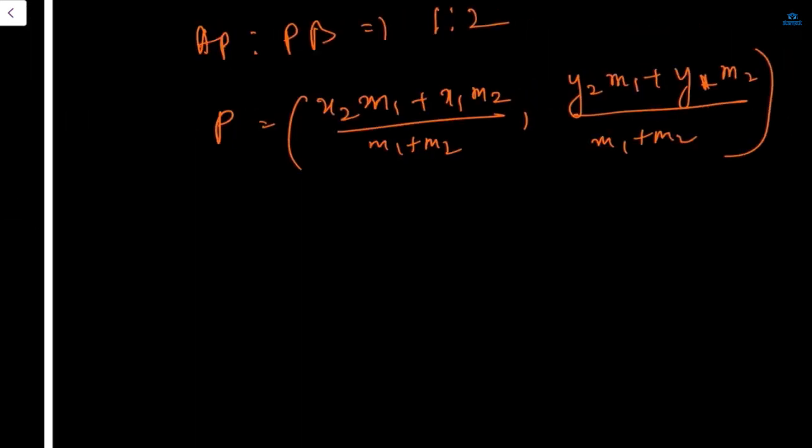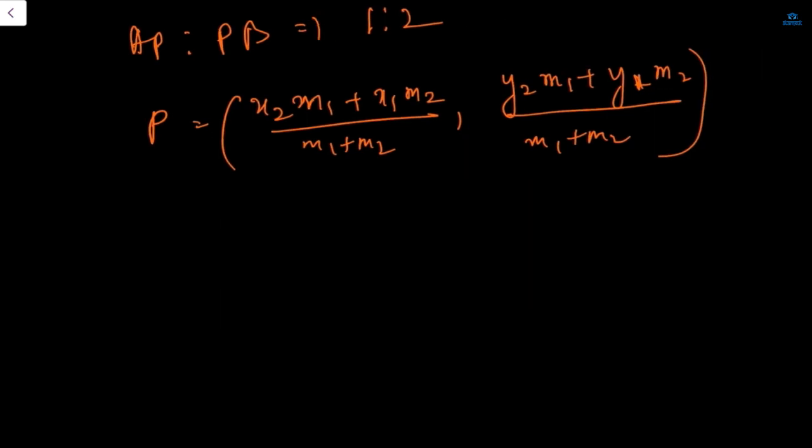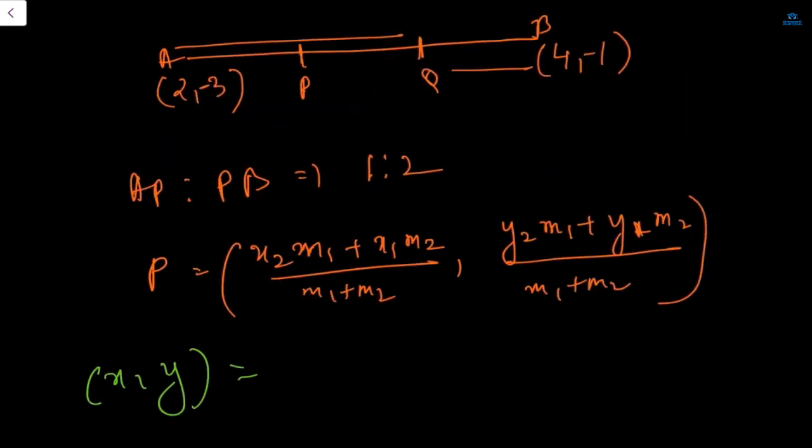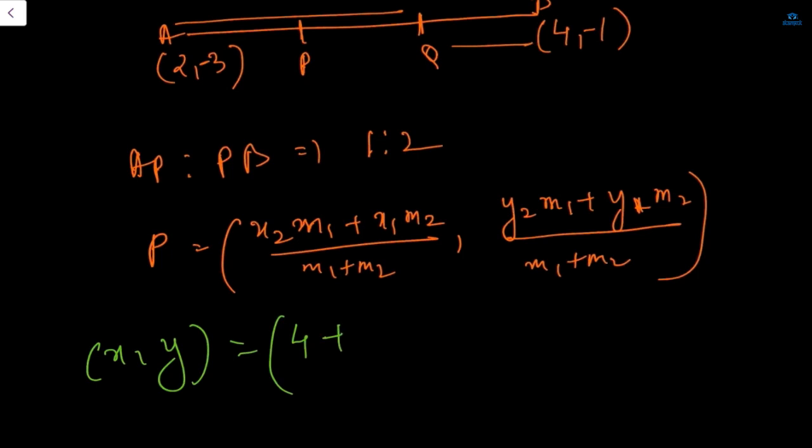Now see, Ridhima and Ishika, both of you. This is x comma y. Now what will be here? x2 is 4. 4 multiplied by the ratio m1, which is 1, plus now the next ratio will be 2. m2 is 2.